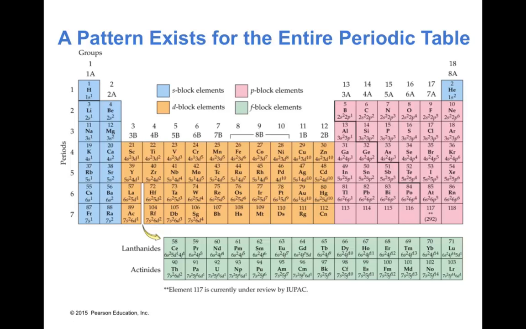So that's why we have these two exceptions, and the elements below them are the same for this reason. The orbitals are filled in a way that the element gains stability. That's why you have those two exceptions in the 4th period.